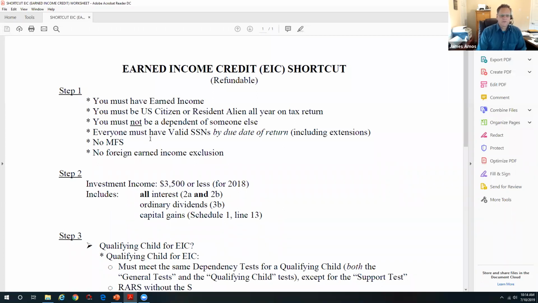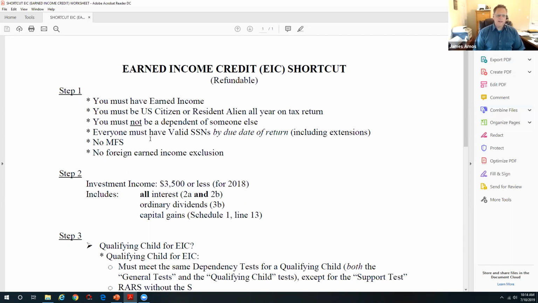Everyone must have valid Social Security numbers by the due date of their return, including extensions. Okay. So unlike some of the other non-refundable credits that we talked about before, this one you have to have a valid Social Security number, not just a valid tax identification number. In other words, a Social Security number is the only way to do this.